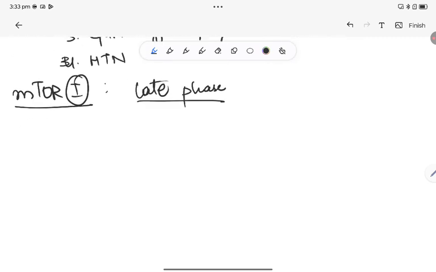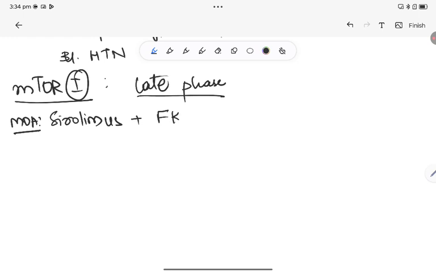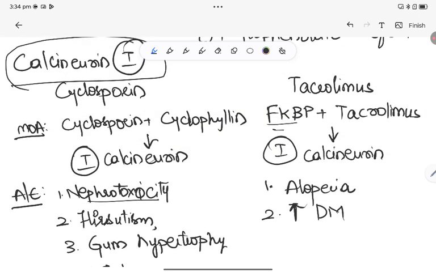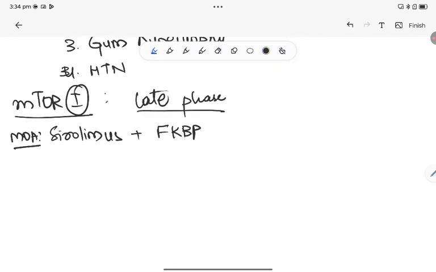With respect to mechanism of action, whenever you give sirolimus or everolimus, it binds with FKBP, the binding protein which is also needed for tacrolimus. This will inhibit mTOR, so cellular division, T cell response and T cell differentiation will be gone.